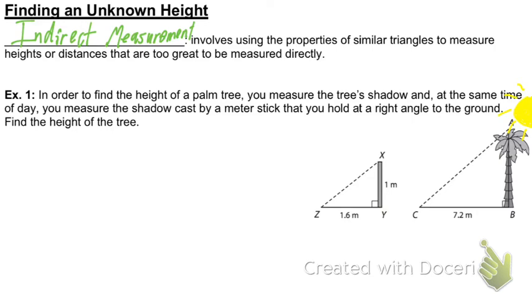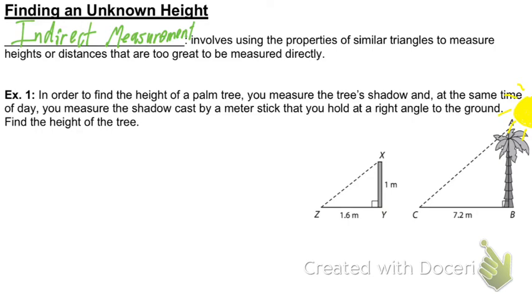So the sun is going to shine onto this palm tree and not onto the meter stick, right? And it's going to create the shadow here. What do we know about angle A and angle X? They're congruent.